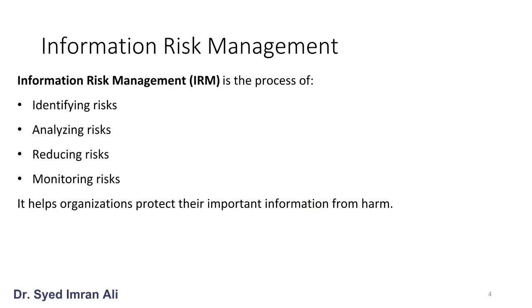Now, let's define information risk management, or IRM. IRM is the process of identifying, analyzing, reducing, and monitoring risks related to information. In simple terms, it means understanding what could go wrong with your data, evaluating how serious the problem could be, taking steps to prevent it, and continuously checking if your protection measures are working.